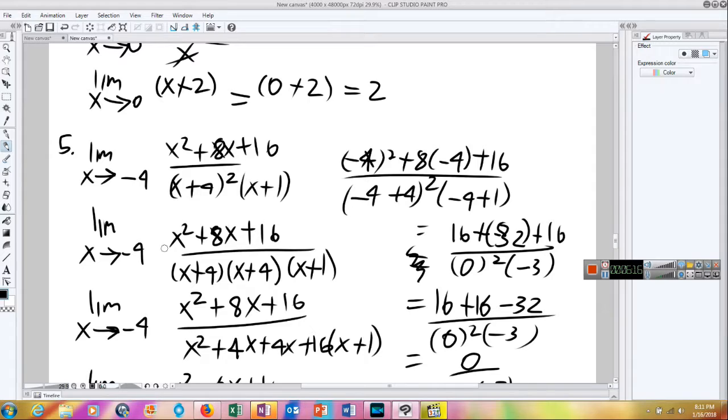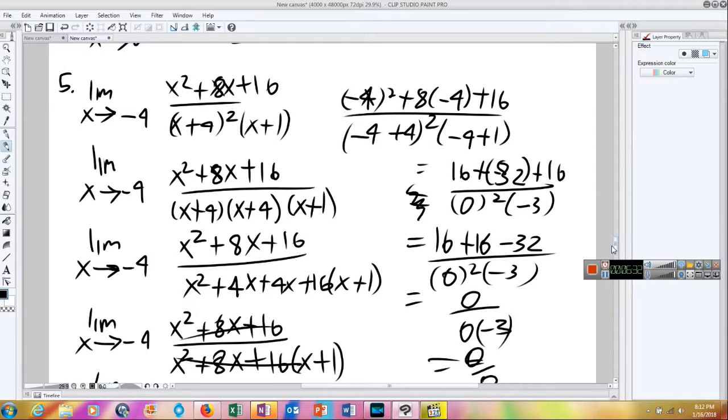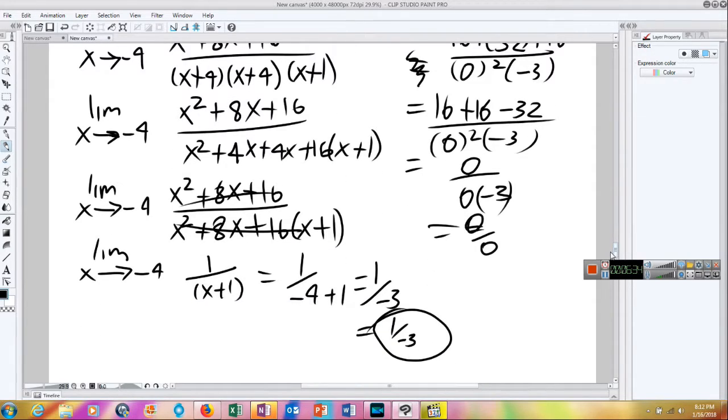So that would be x squared plus 4x plus 4x plus 16. We're basically doing the inverse to get these two values, and then we cancel those. We end up with the same answer because we still have the x plus 1.